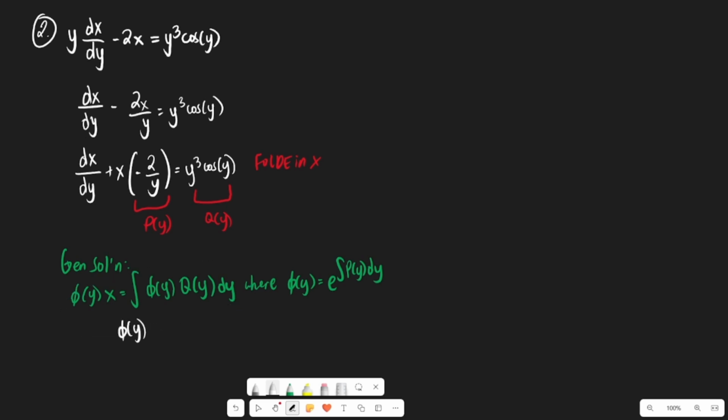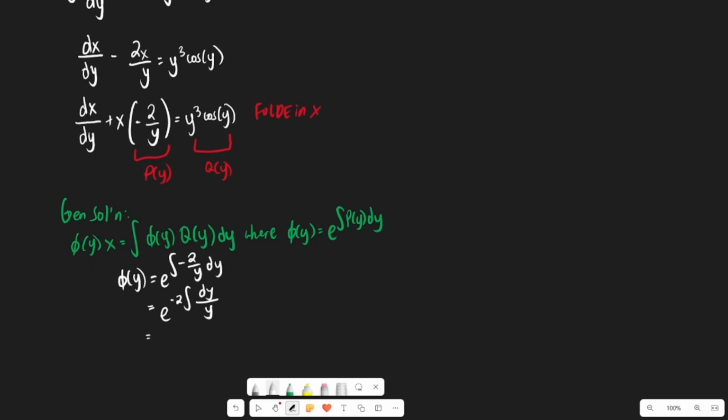So phi of y first is equal to e raised to the integral of, our p is negative 2 over y, so we have negative 2 over y dy. Then we take out the negative 2, so we have negative 2 times dy over y.